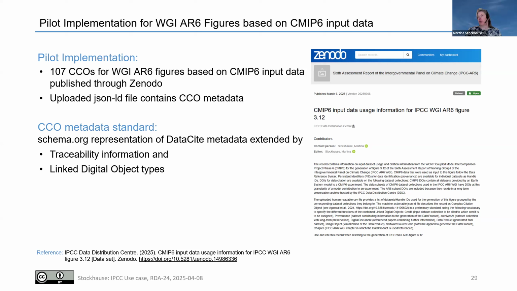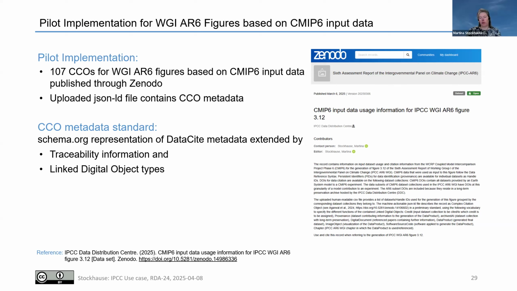But we came up with a standardization to describe these complex citation objects based on JSON-LD. We used the recommendation of DataCite on how to represent DataCite metadata in schema.org, and we extended it by traceability information.